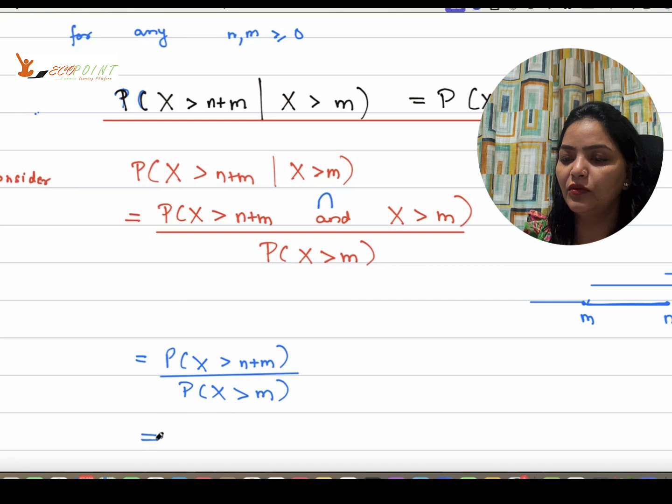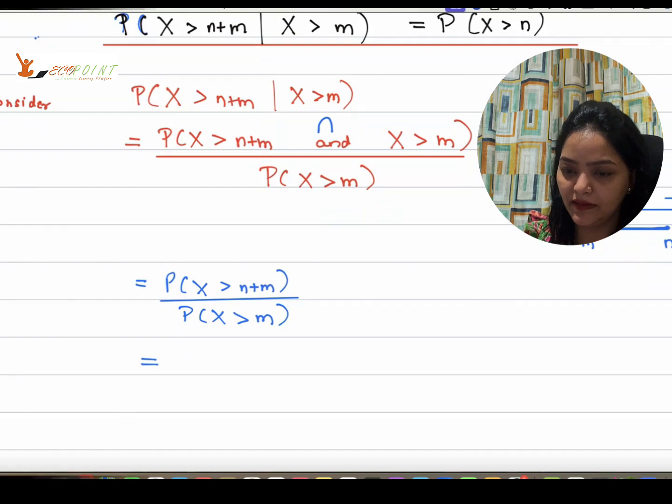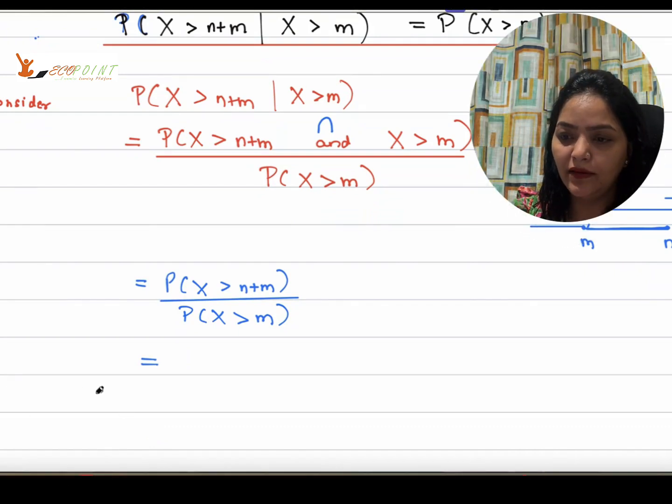Now you need to know what probability is in the case of a geometric distribution. In the numerator you have probability x is greater than n plus m, which means the number of trials you need to get the first head is strictly greater than n plus m. That means you will have n plus m failures and then success. Failure means getting a tail.